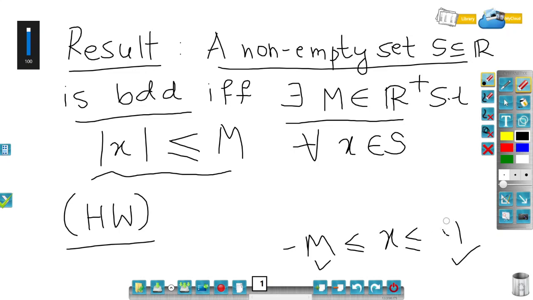When a set has a lower bound as well as an upper bound, that is bounded above and bounded below, we call that set a bounded set.